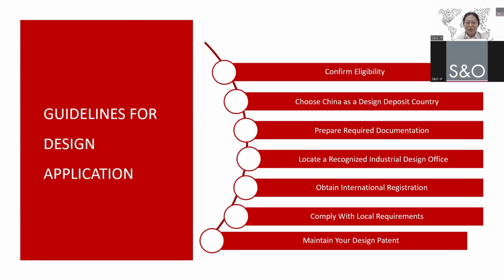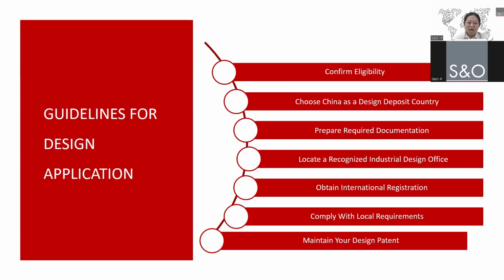Here's how you can leverage the Hague system to protect your design in China. The first, ensure that your design meets the provisions of protection. In China, this includes being new and having an original aesthetic character that gives a different overall impression on an informed user.